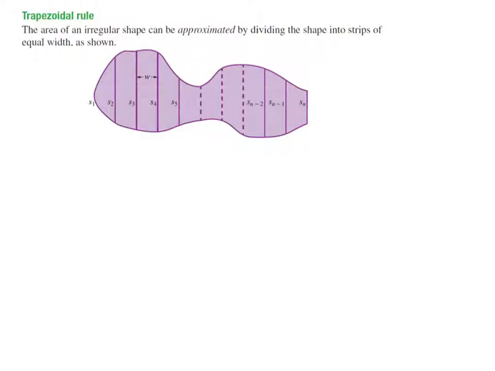Now, because of that, the trapezoidal rule actually comes from the rule for the area of a trapezium. So the area of a trapezium is half A plus B, and that's our two parallel lines every time, times height. And that's always perpendicular height.